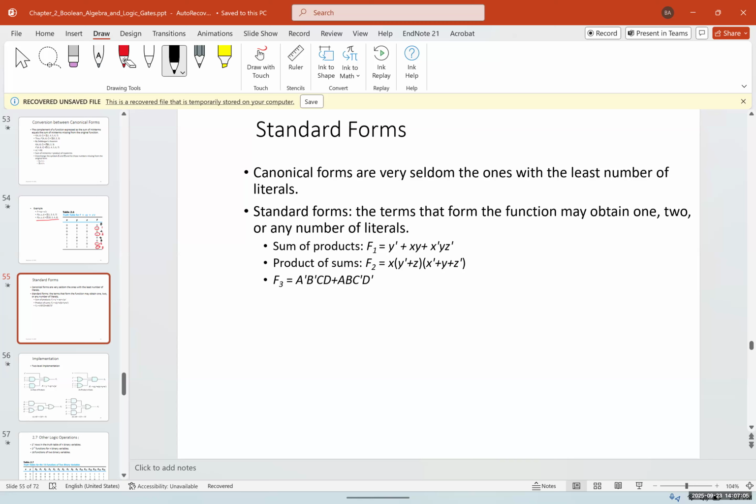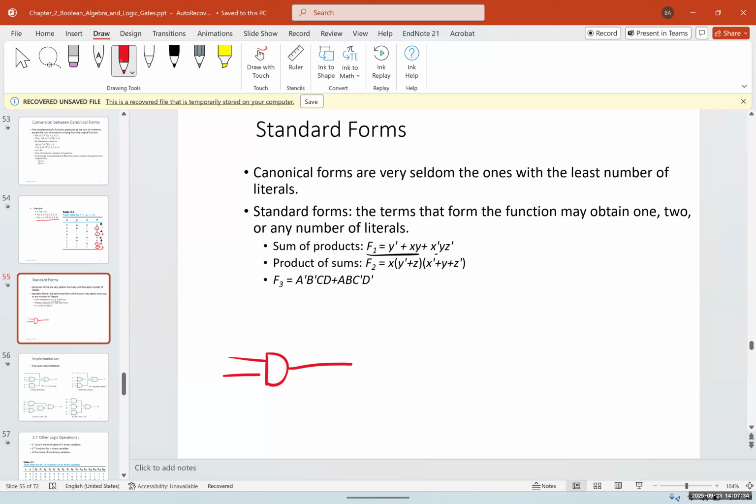And when we want to implement this, for example, we want to implement F1, F2, and F3 using gates. So if I want to implement this one, we have X and Y AND together.